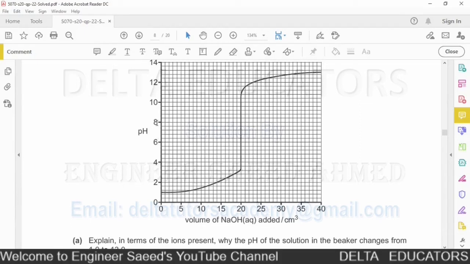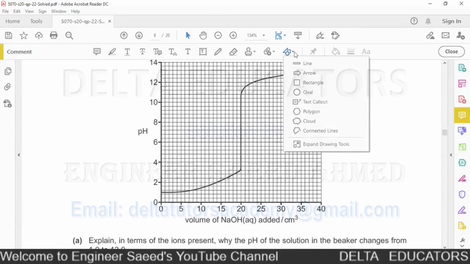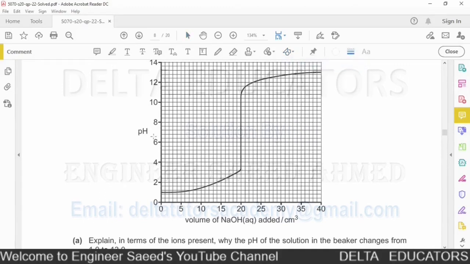It is 6, it is 8, in between 6 and 8 we have 7. So at pH value 7, what is the volume of sodium hydroxide added to the solution? The volume of sodium hydroxide is 20 cm³.